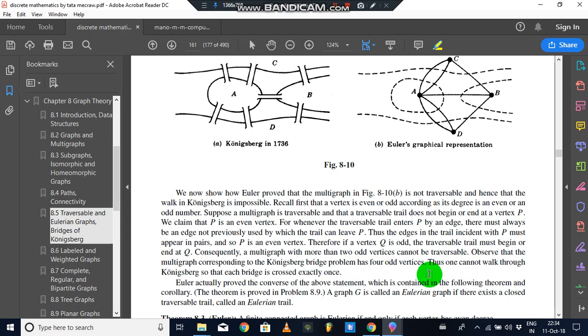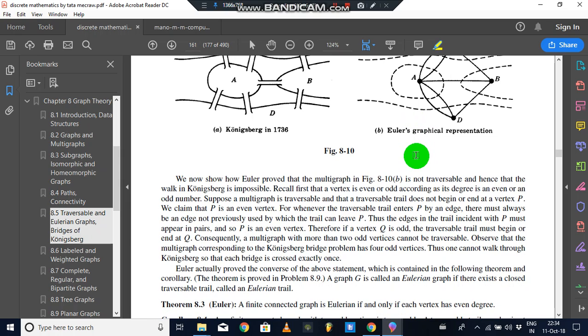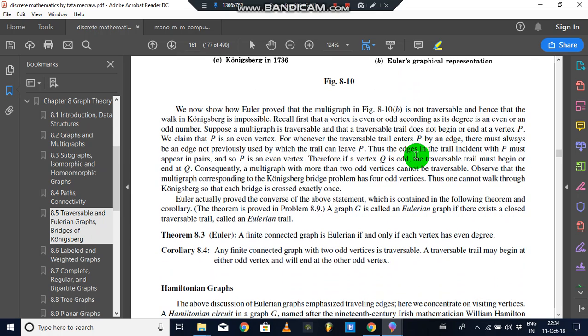Thus one cannot walk through Konigsberg so that each bridge is crossed exactly once. Euler also proved the converse of our statement. So what is the theorem? Euler: a finite connected graph is Eulerian if and only if each vertex has even degree. And here you know what the degree is and what even is.